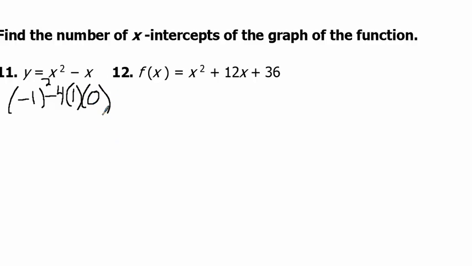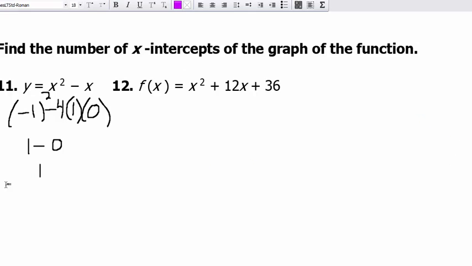You have to plug it in as a 0. You can have B or C as 0. So in this case, I end up with 1 minus 0, not 1 minus 4. So I have 1. It is not the number of solutions or number of intercepts. The intercepts are 2 x-intercepts.